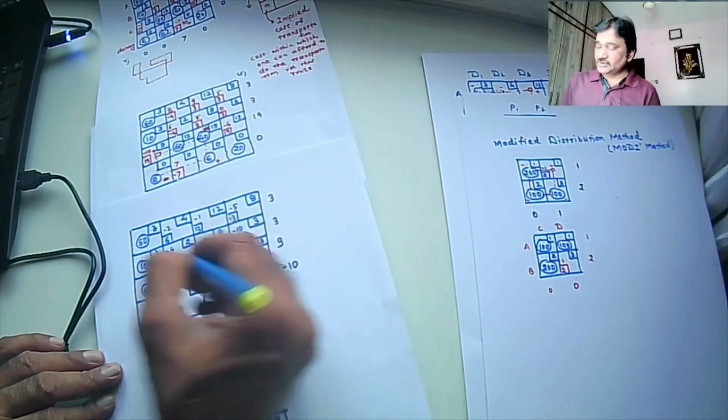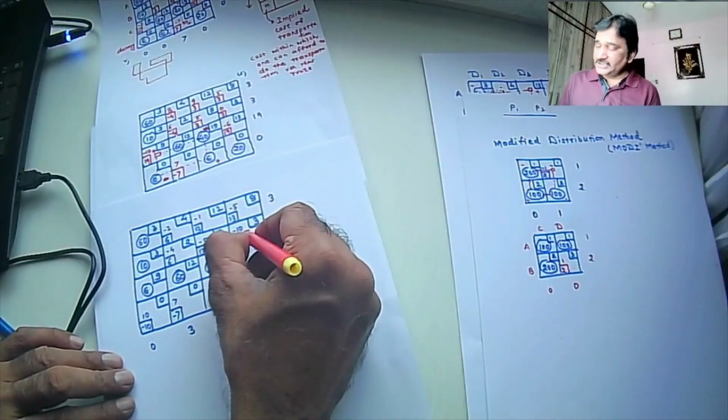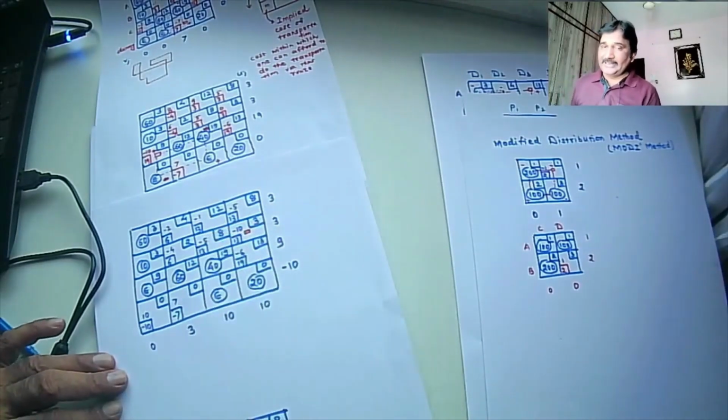So minus 10 so far is the maximum negative. So that is the potential cell where I should think of doing the allocation.